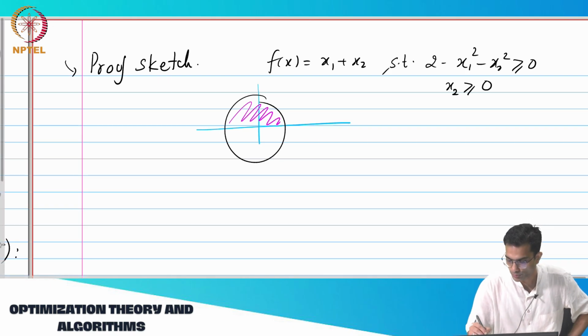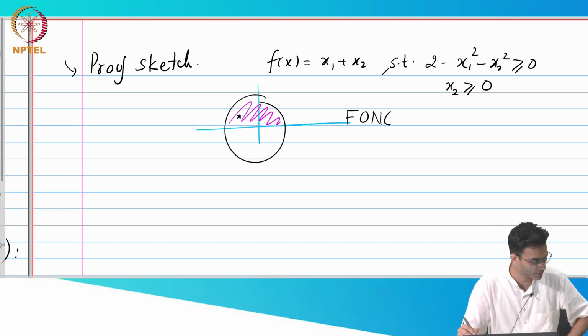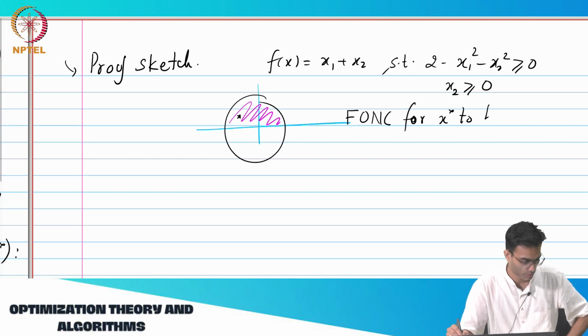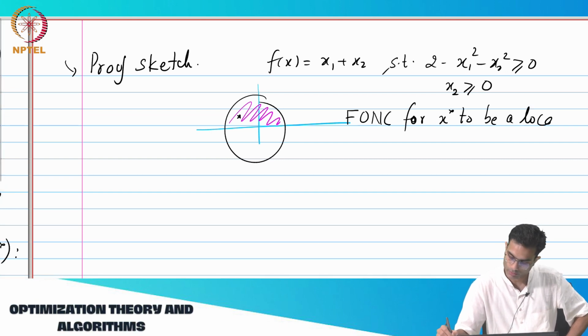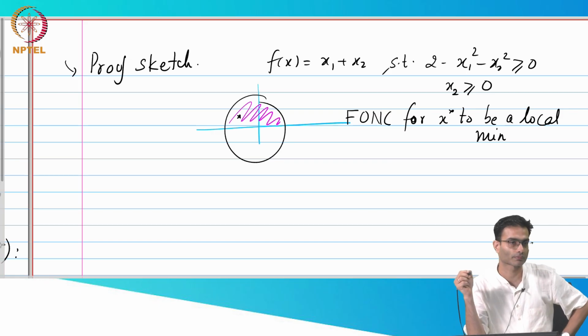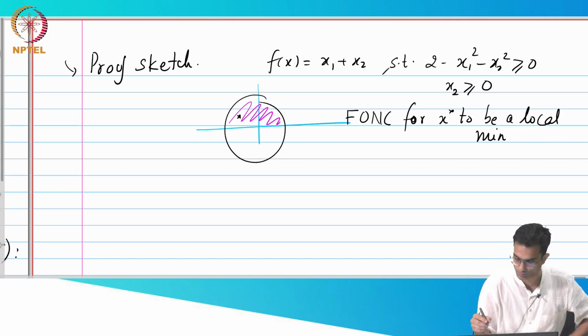And so what we want to check, if I give you some candidate point, are the first order necessary conditions for x star to be a local minimum. This is what we want to check. So we will apply it to this, and that will help us to formulate the proof.